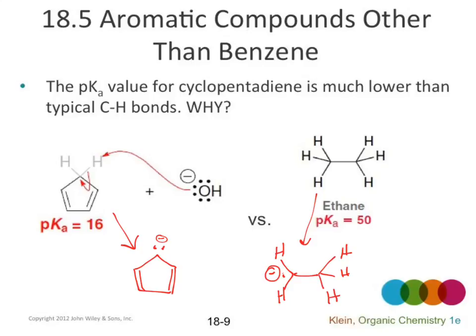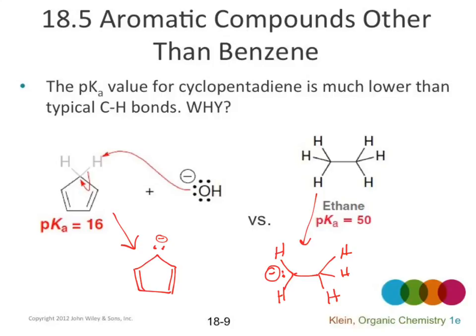If we rank just the argument of the negatives themselves, we might say ethane is more stable because the negative is on primary versus secondary. So when we're looking at anions, we would typically predict anions being more stable on lower substituted positions. But it turns out it's the opposite. We get more stability in the case of our cyclopentadiene. Why?